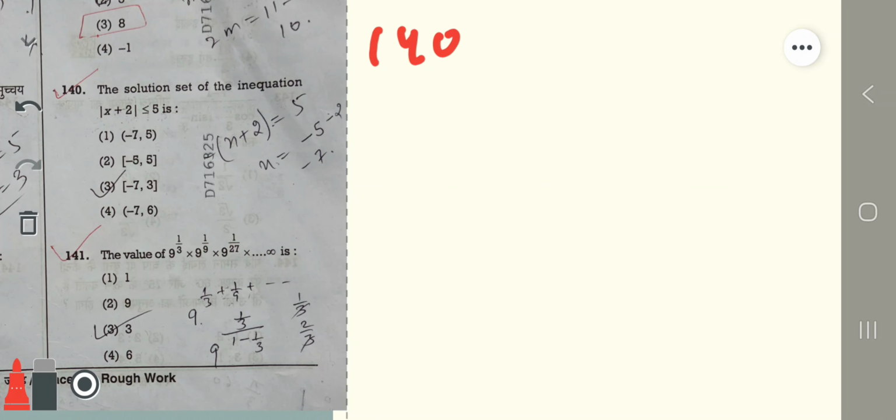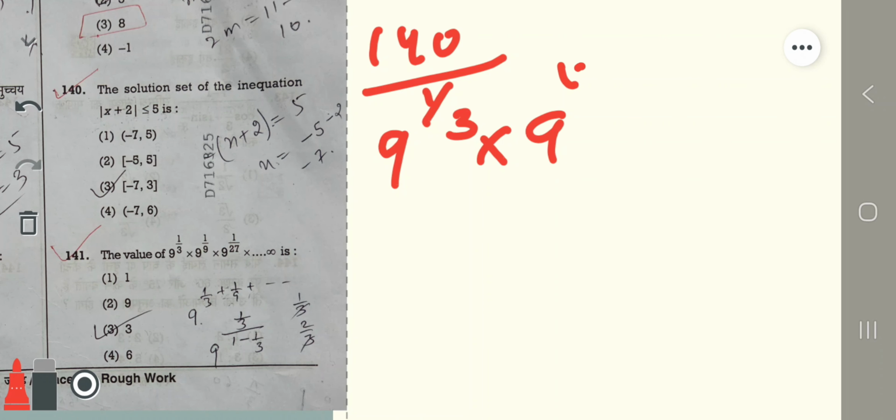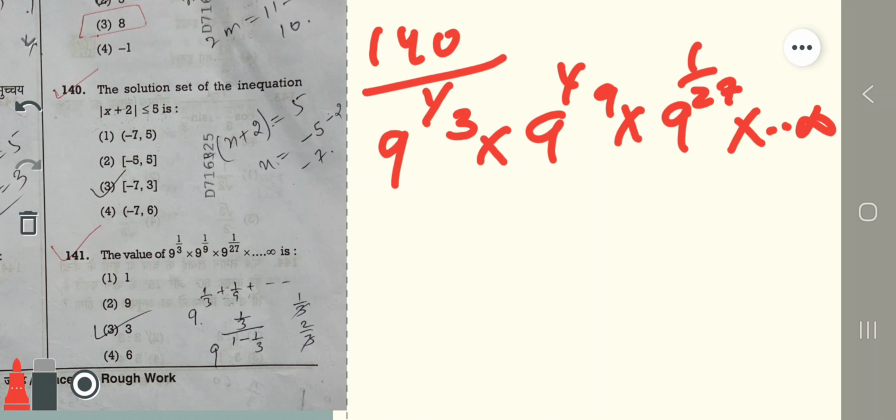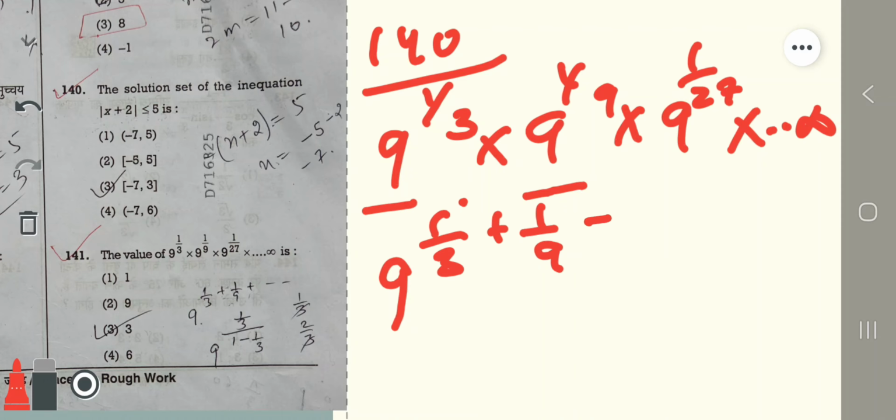Question number 141. We have to find the value of this. So अगर मैं ध्यान से देखूँ, 9 की पावर 1/3 इंटू 9 की पावर 1/9 इंटू 9 की पावर 1/27 इन्फिनिटी तक जा रही है ये ऐसे। अगर मैं देखूँ 9 ये क्या है, बेस सेम है और मल्टीप्लिकेशन में है तो पावर क्या हो जाती है, ऐड हो जाती है। तो 1/3 plus 1/9 plus 1/27 it goes till infinity.